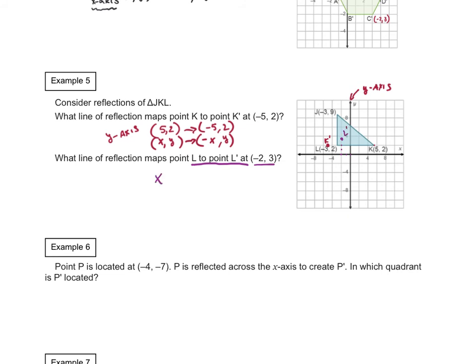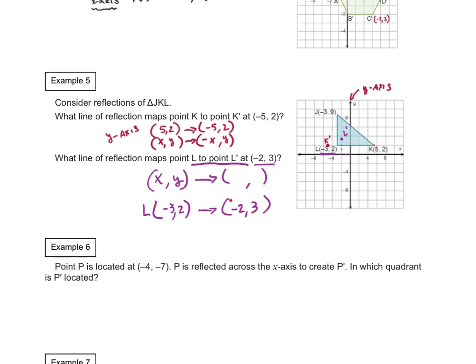So it looks like we have (x, y) maps to something, right? And my L used to be negative 3, 2, if you look here on the graph, and it maps to negative 2, 3. And if you'll notice, my x has become my y and negated.